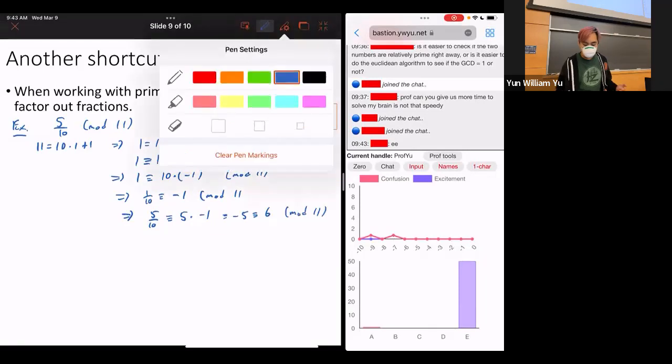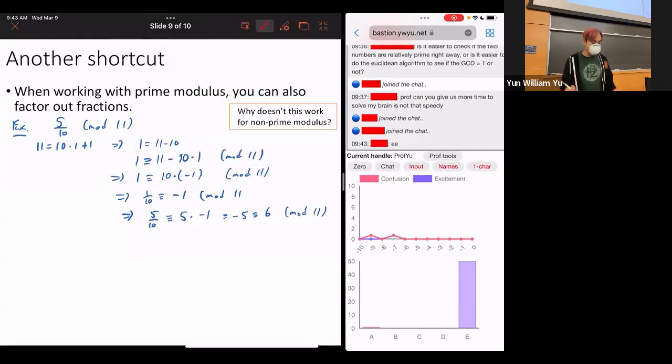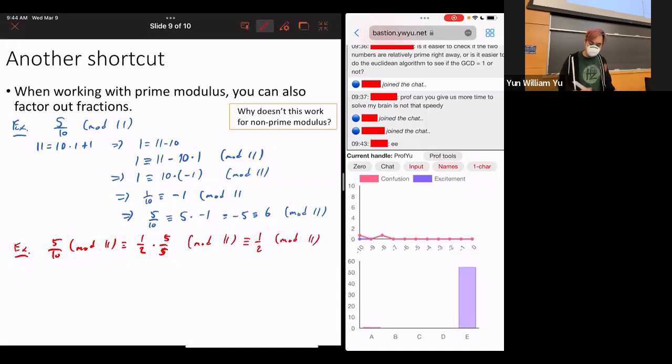Okay, so you could do it the brute force way, but you could also notice that you can change it. So for example, 5 over 10 mod 11 is congruent to 1/2 times 5 over 5 mod 11. Yeah, so you're just factoring it out. Which is congruent to just 1/2 mod 11, right?